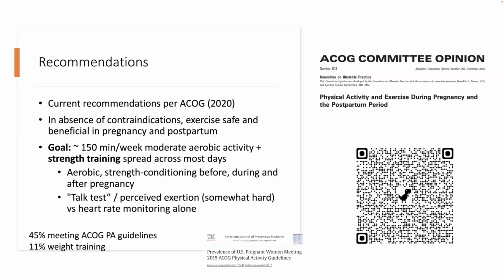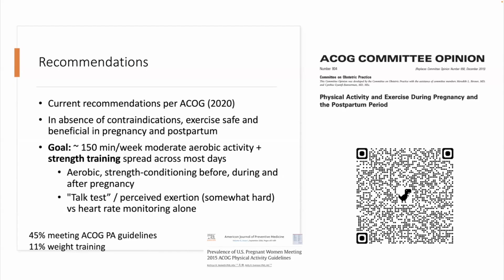In terms of what is moderate aerobic activity, right? Your patients are going to ask you, well, what does that entail? Because for me, moderate might be obviously very different than it is for them. We used to use heart rate monitoring a lot. We're trying to shift more, and you'll hear this mentioned, to the talk test. What does that mean?